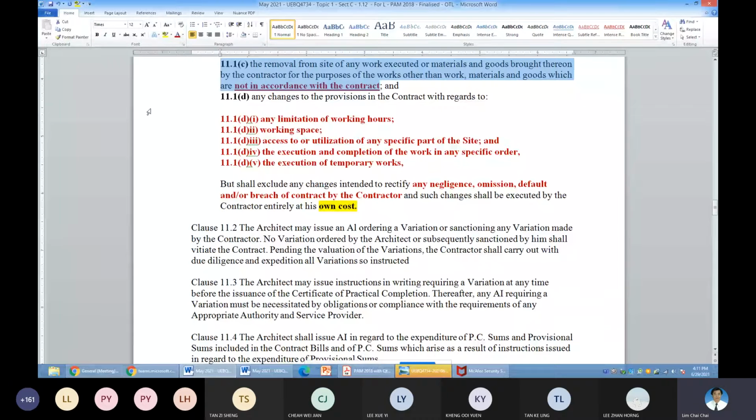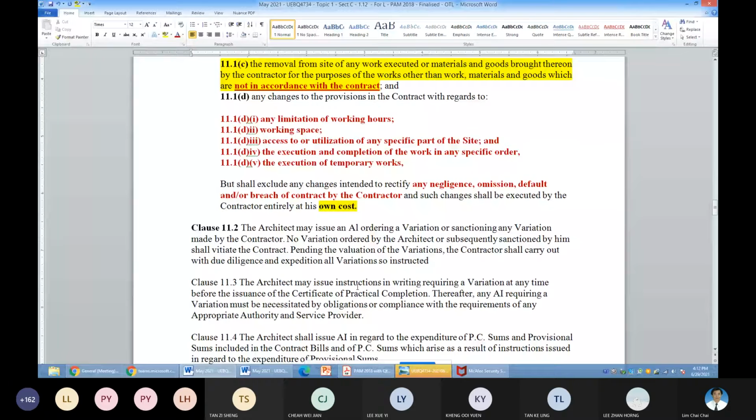Now we're going to the next one, clause 11.2. So this 11.2 gives the architect the authority to issue an AI in relation to the project.